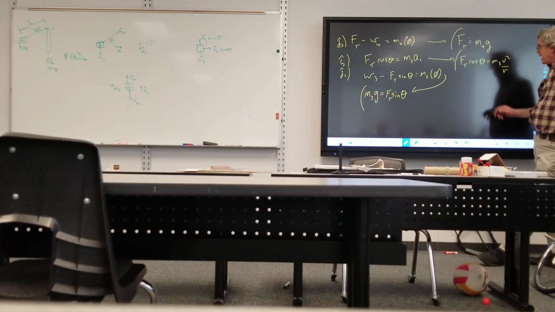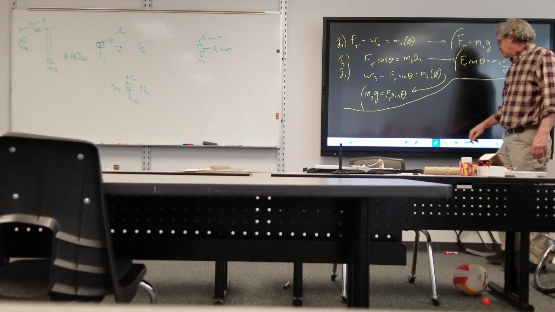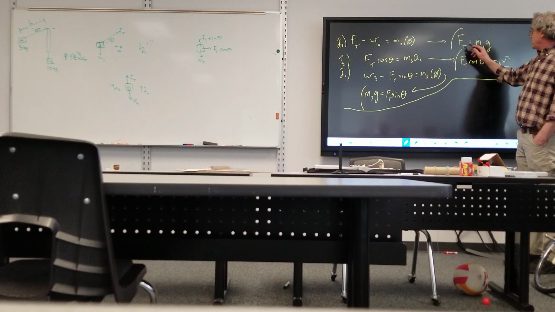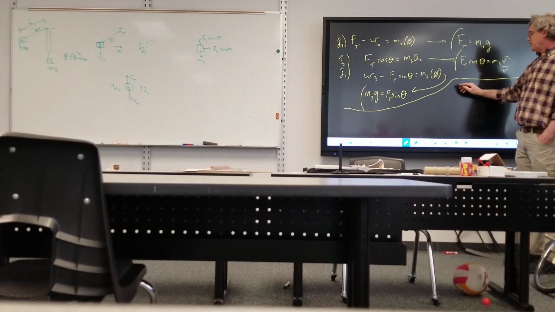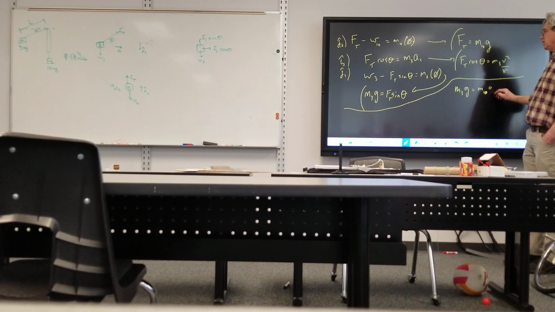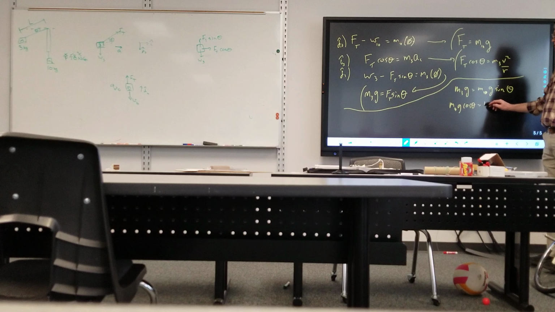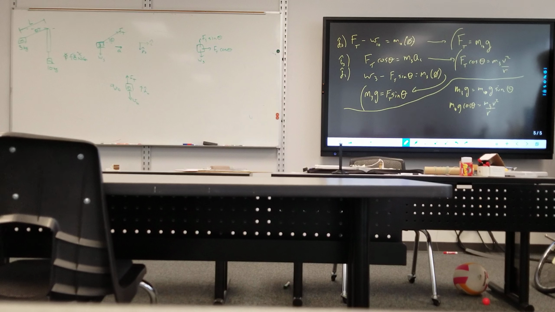So let's capture what we have so far, and write them in a slightly better order. So tension is equal to M10 g. I'm just going to go ahead and substitute that in. So I got M3 g equals M10 g sine theta. And M10 g cosine theta equals M3 v squared over R. Now what?